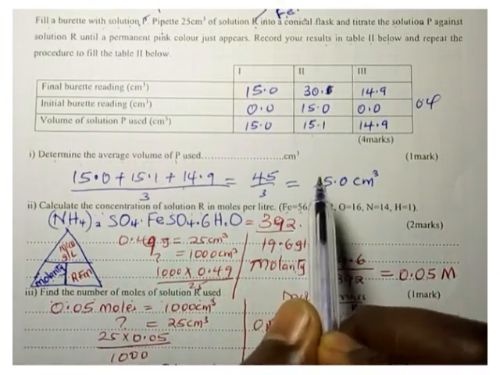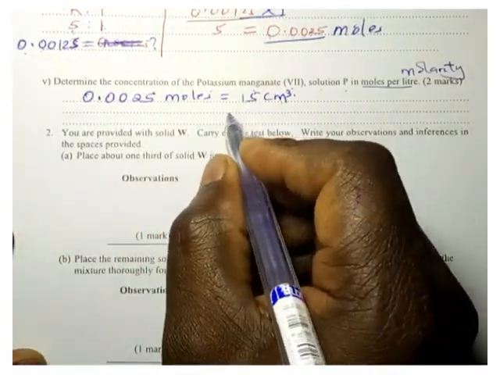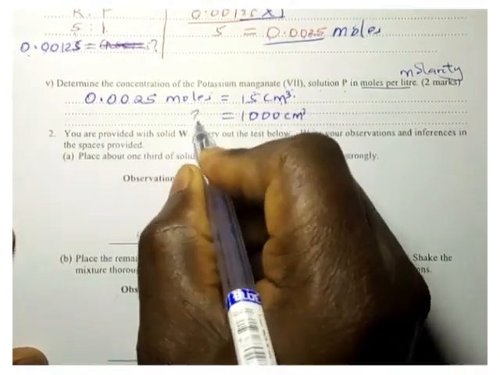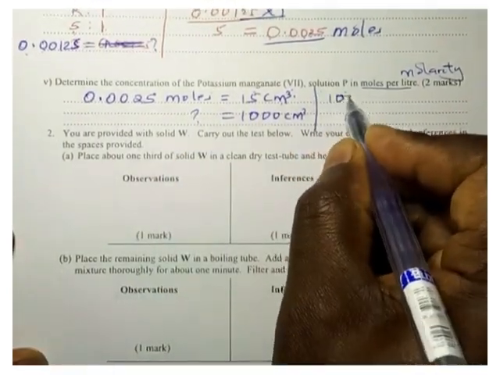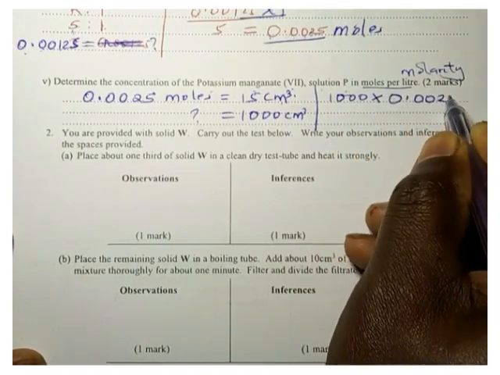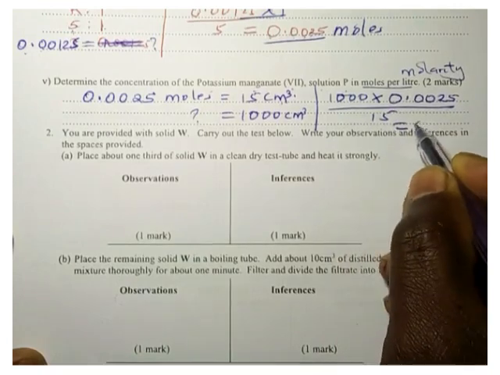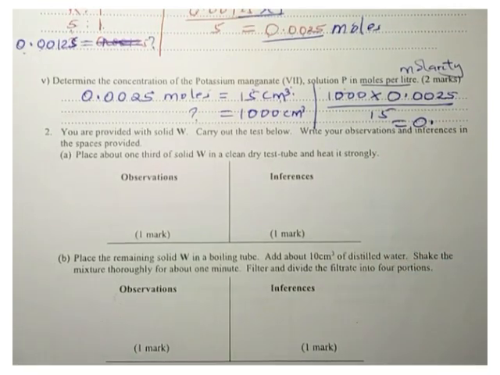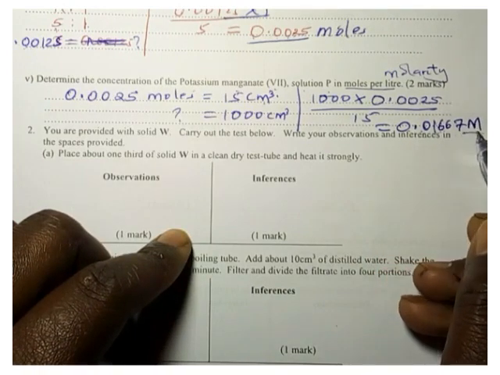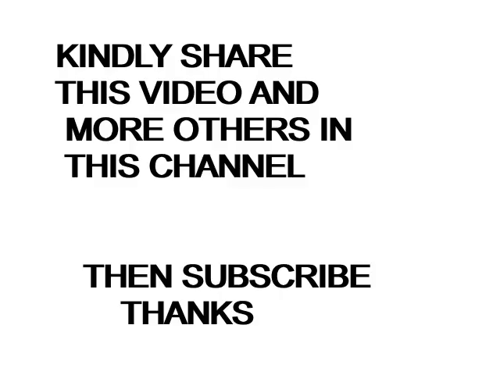You need to remember that. So if this is the number of moles in 15, a liter, 1,000 centimeters cube, will contain how many moles? So it is 1,000 times 0.00025 divided by 15. This one gives us 0.01667 molar. Maisha ni magumu, lakini never give up.